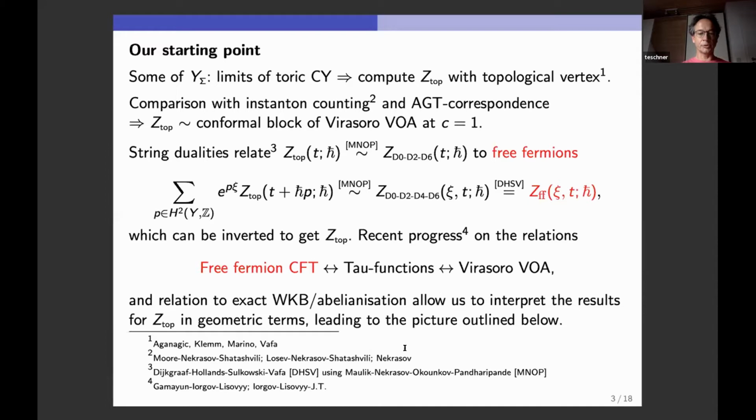And this conjecture was then proved in joint work with Iorgov and Lisovyy. This gave some interesting interpretation of this series in particular, which I shall return to perhaps a little bit towards the very end. But in any case, this is the background. These are the tools we were using. And then we were trying to interpret the results of all that in geometric terms. And this led us to the picture I want to formulate now.